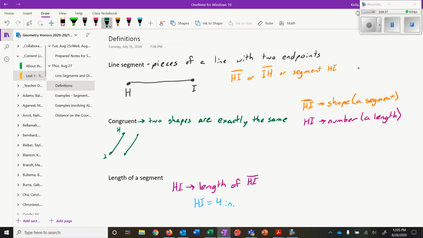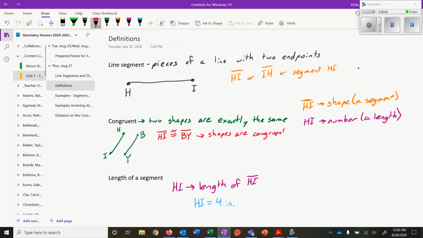I'll still stick with HI. I'll go with BY here. I can say that segment HI is congruent to segment BY. And this is because shapes are congruent.